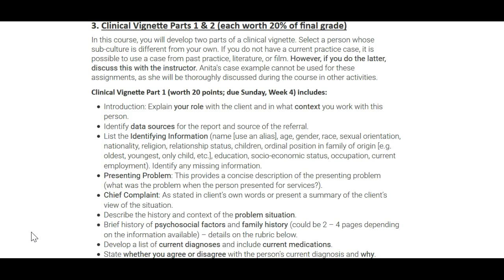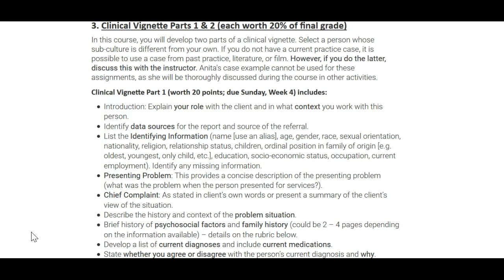So when you explain your role with the client, in what way do you interact with the client? Are you their therapist? Do you work in a community behavioral agency? Are you their case manager? Are you their therapist at the agency? What role do you work with them?